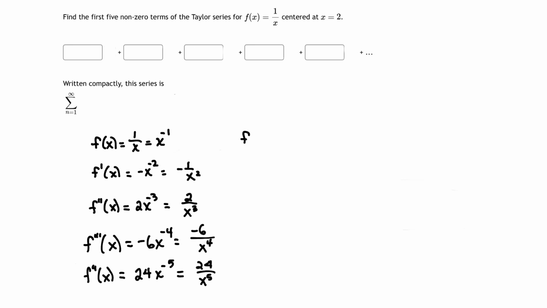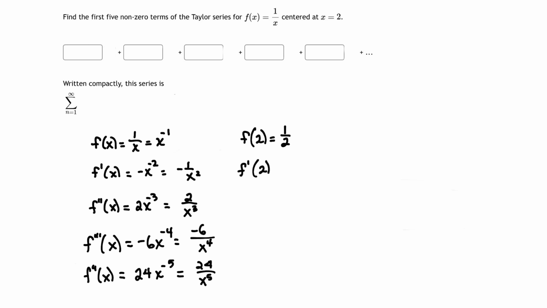We want to evaluate those derivatives at the specific point 2. So when x is 2, f of 2 is just 1/2, or 2 to the negative 1.